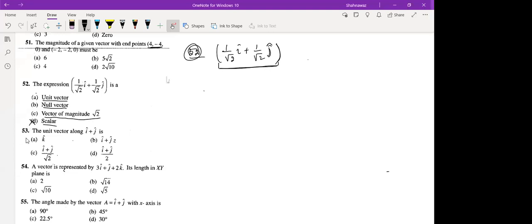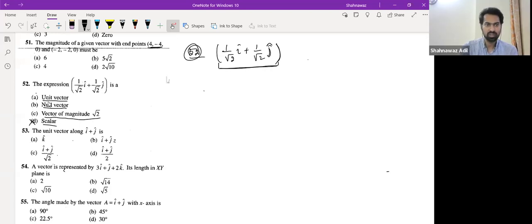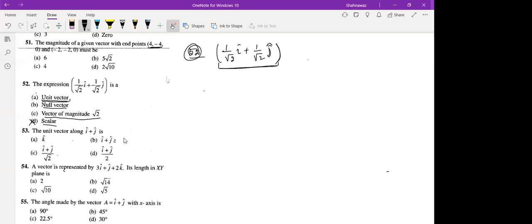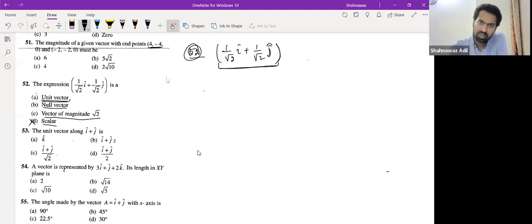It's a unit vector. How can you say that it's a unit vector because of i cap and j cap? Because you have these numbers, right? So let's say 3i plus 4j.